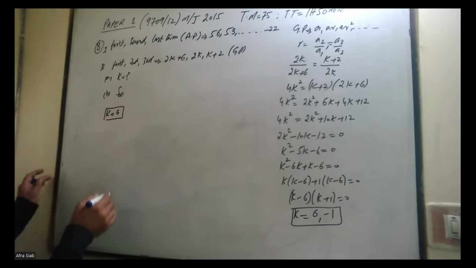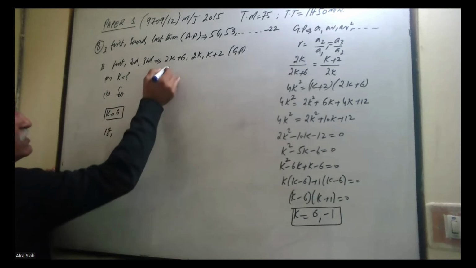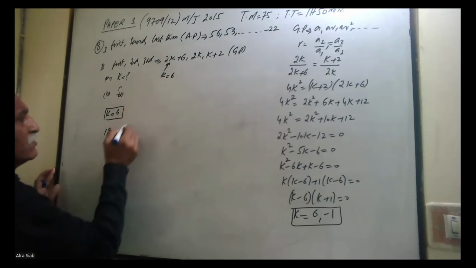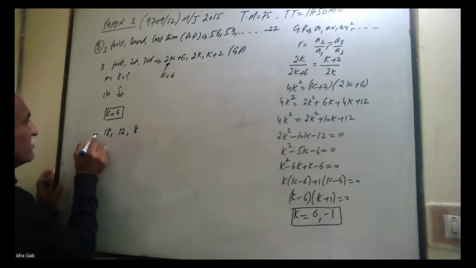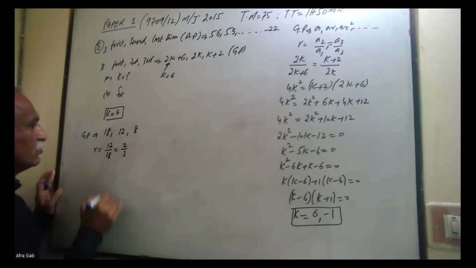Now the progression is like this. If we put the k value in, 2 into 6 plus 6 is 18, then 2k is equal to 12, and then k plus 2, 6 plus 2, is 8. So these are the terms of the geometric progression. The r value is equal to 12 over 18, that is equal to 2 by 3.